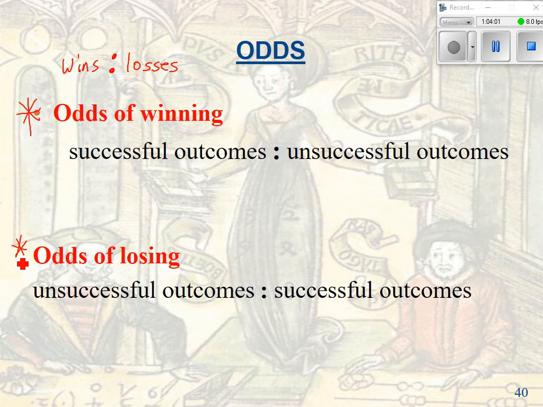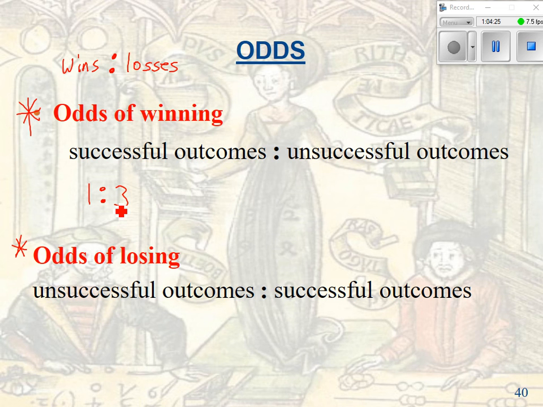Whenever the Kentucky Derby or the Preakness or any of those big horse races that you see on TV, when they show you a horse's odds, and it's something like 1 to 3, that means they're going to win once and lose 3 times.